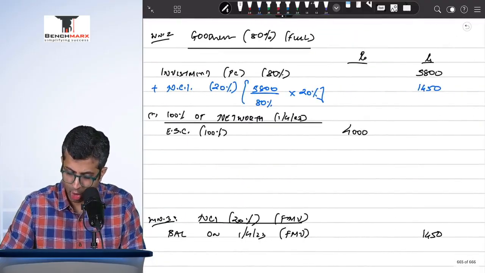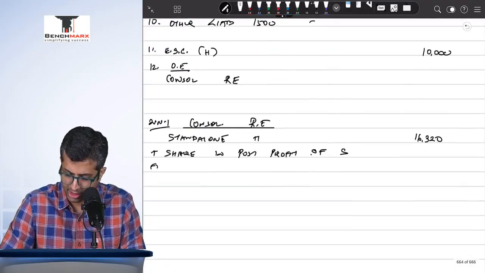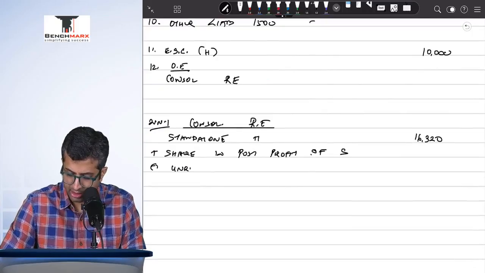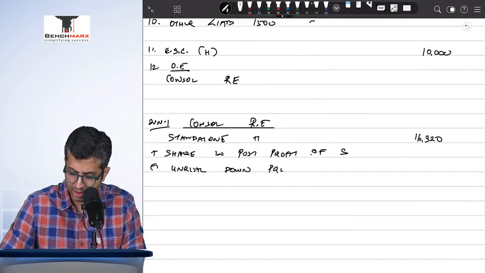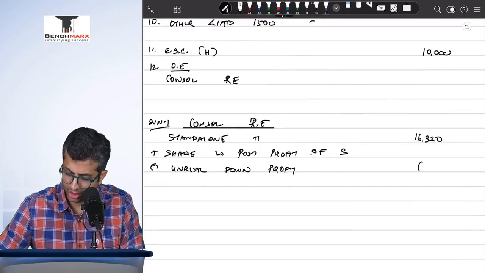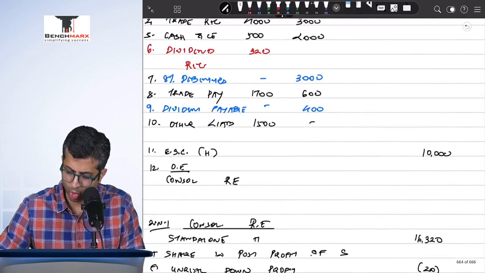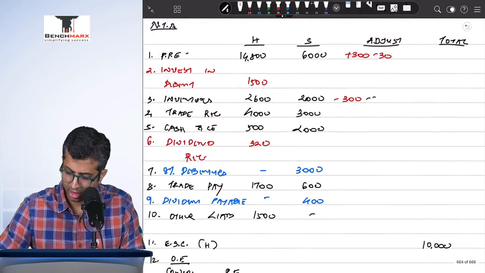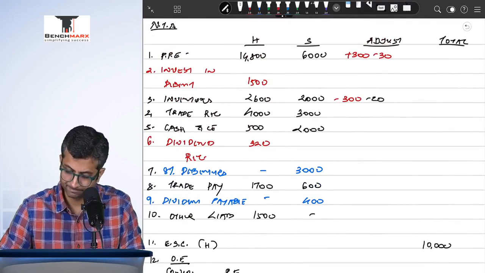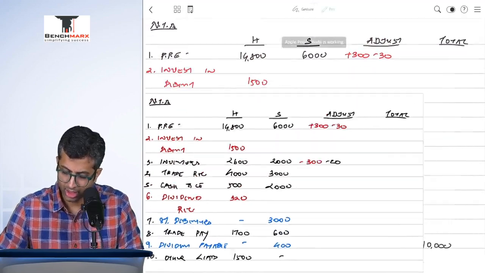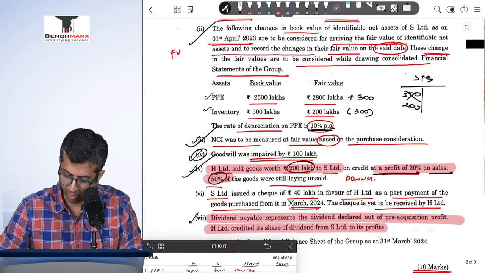And hence over here, minus unrealized downstream profits would be reduced to the extent of 20, and the second effect will go against inventory, 20. Okay, so this has taken care of point number 5.